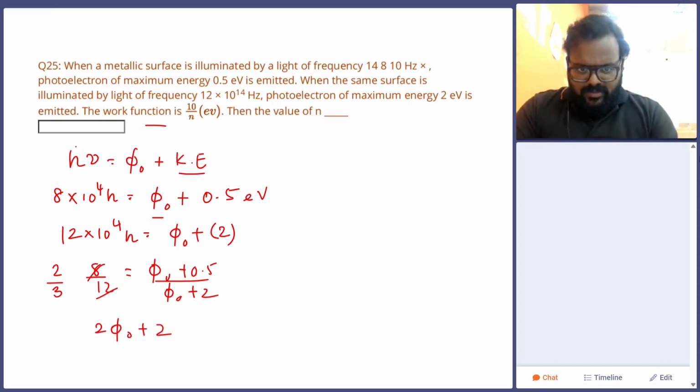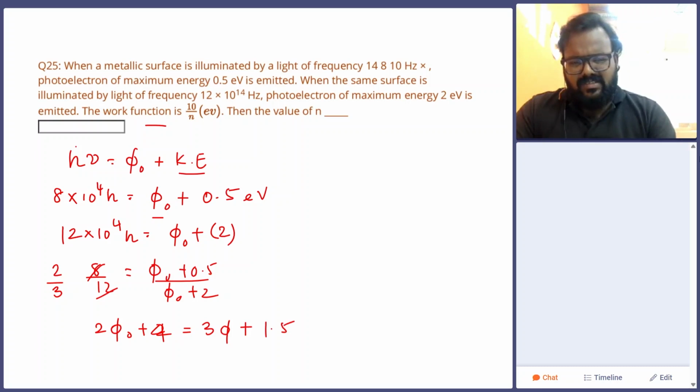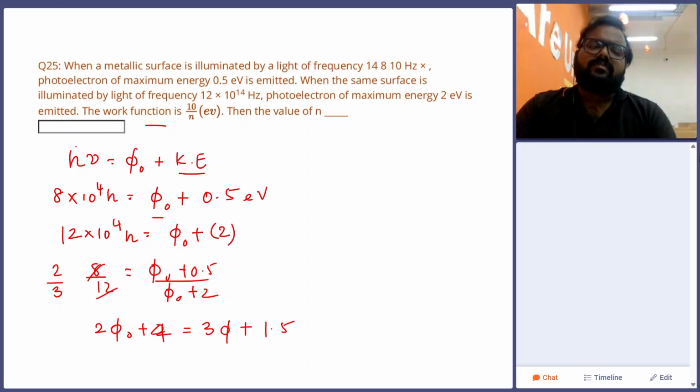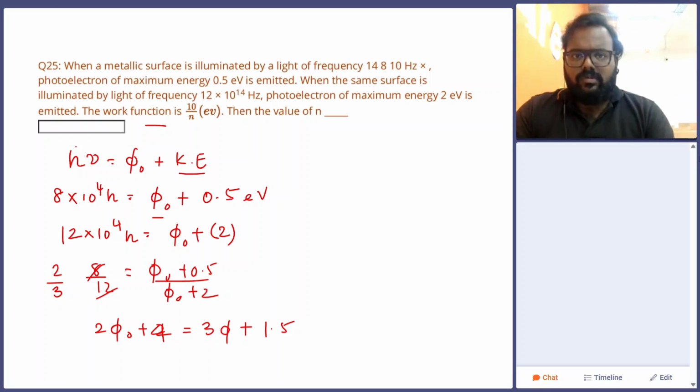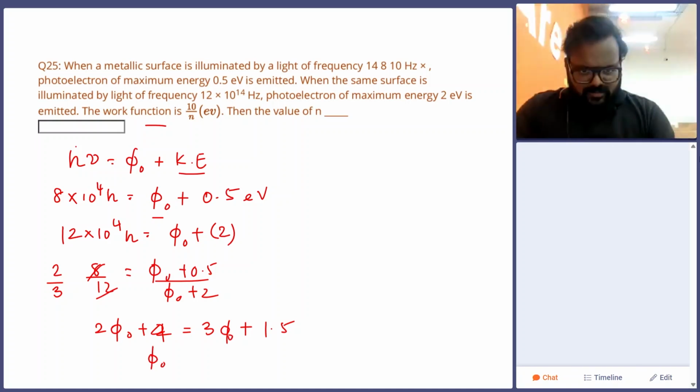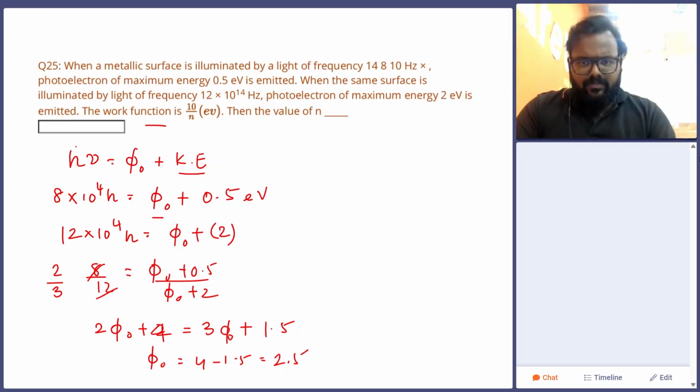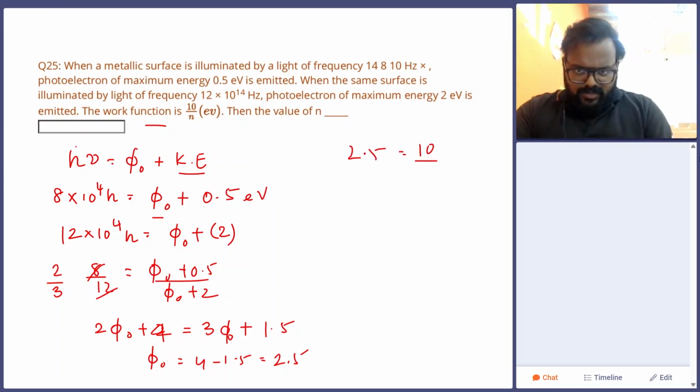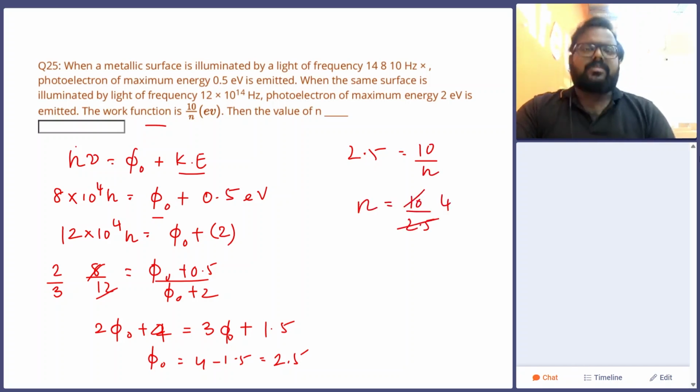So 2 phi naught plus 4 is equal to 3 phi naught, minus 1.5, so phi naught is 2.5. So this 2.5 is equal to 10 by n. So n is 10 by 2.5, that's 4.